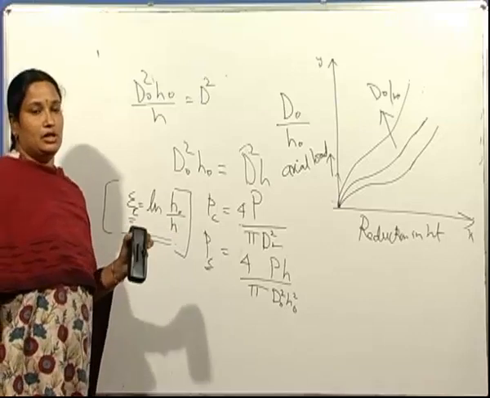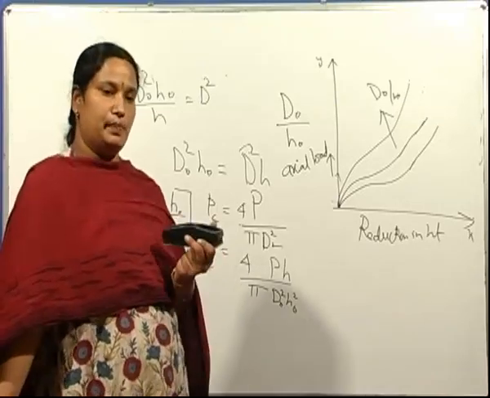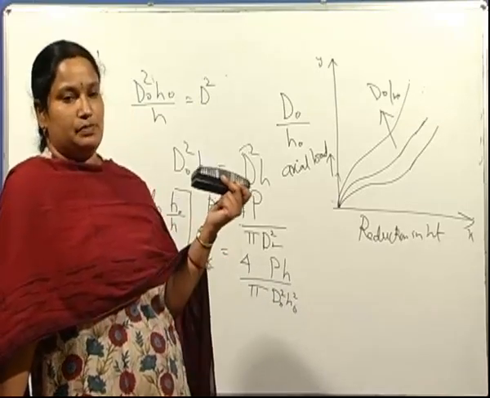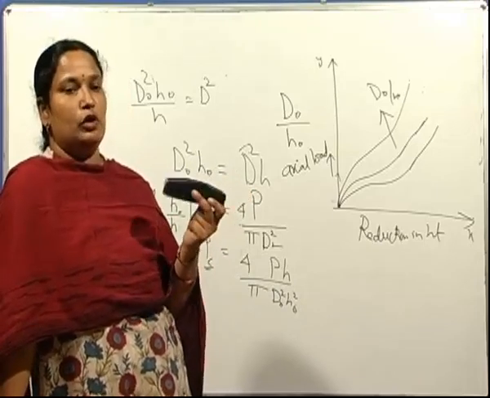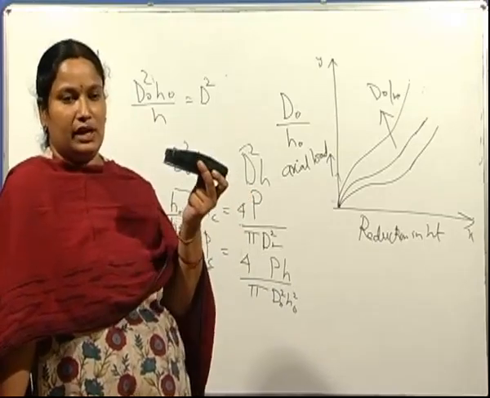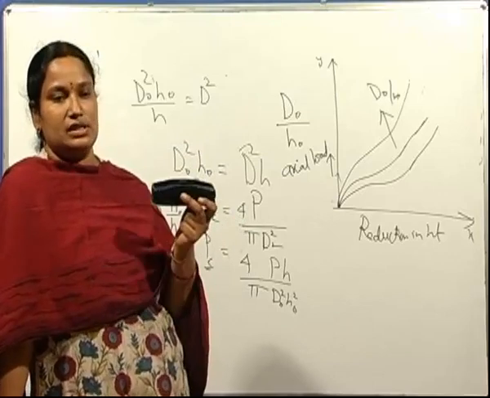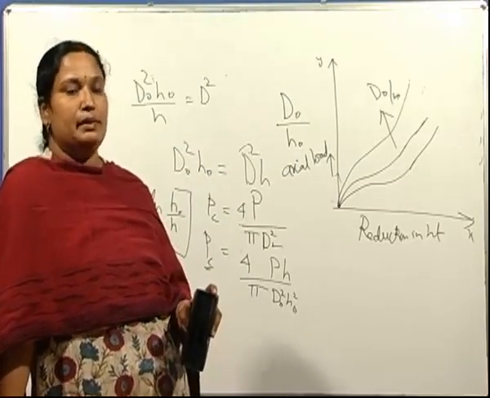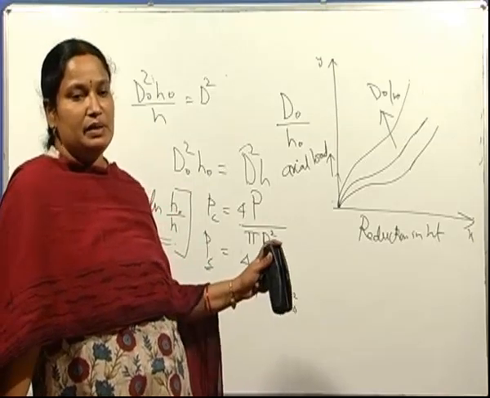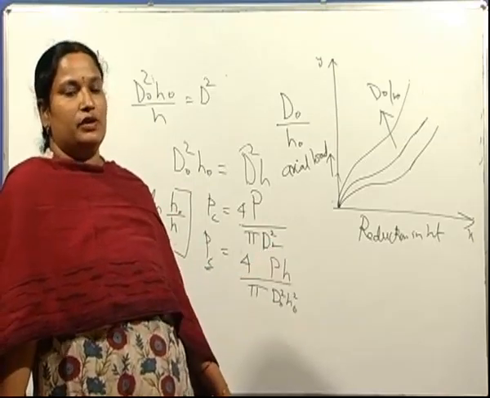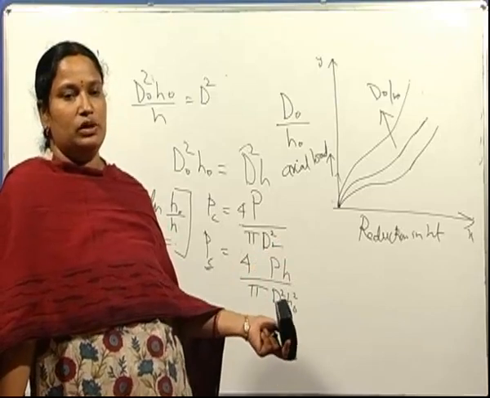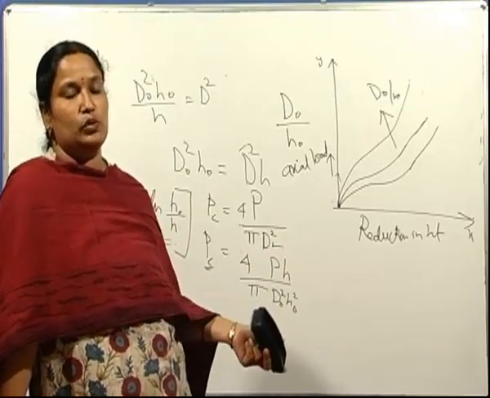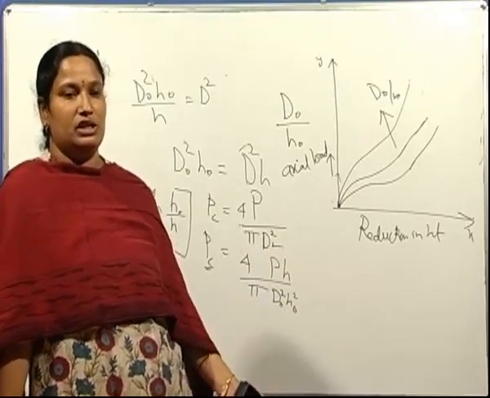In order to minimize this barreling, one can apply lubricants between the anvil surface and the surface of the specimen. So these lubricants minimize the friction and thereby minimize this barreling. For the case of cold deformation, deformation at low temperature, room temperature, a Teflon sheet is used.